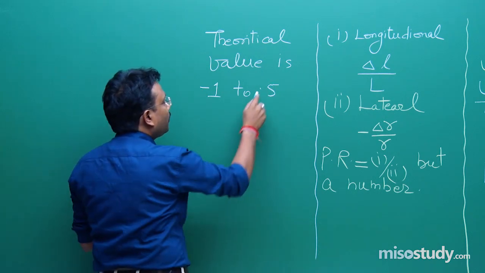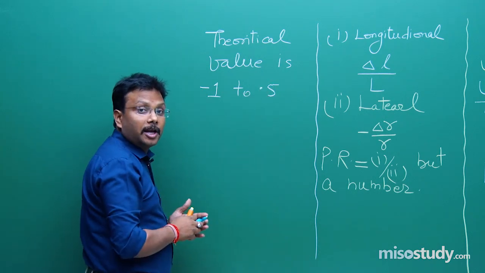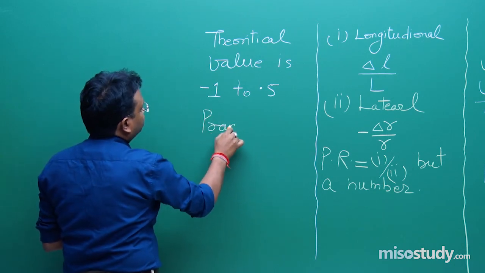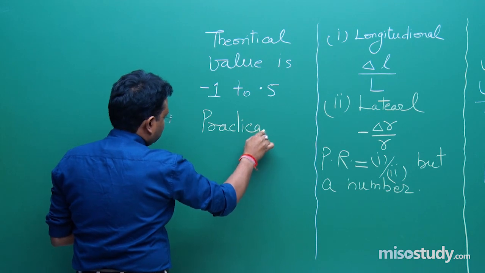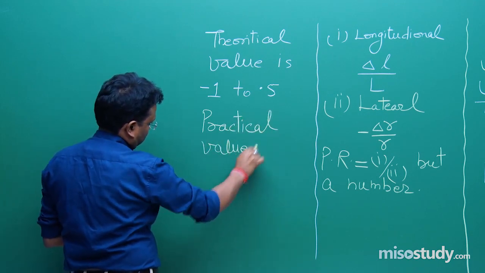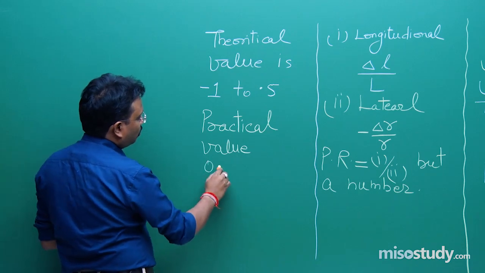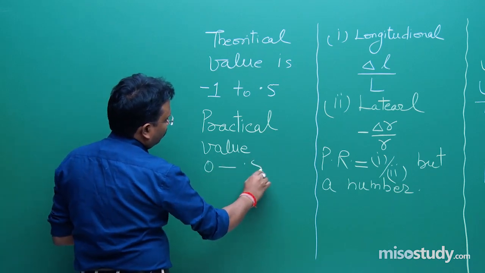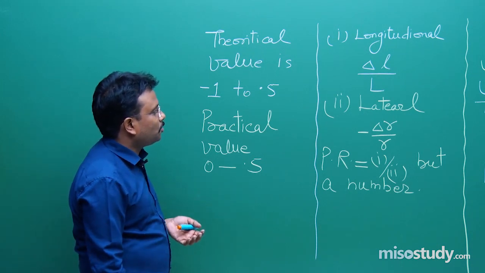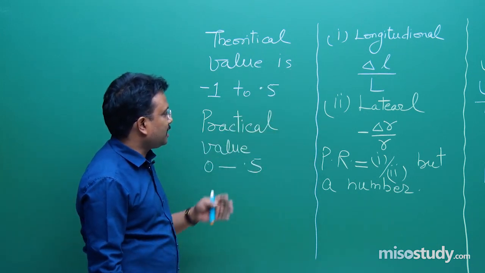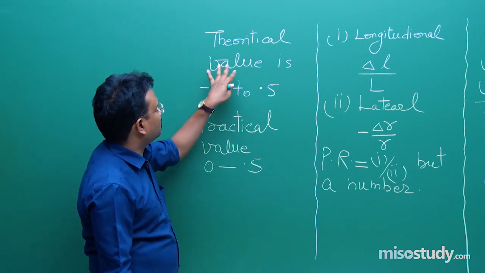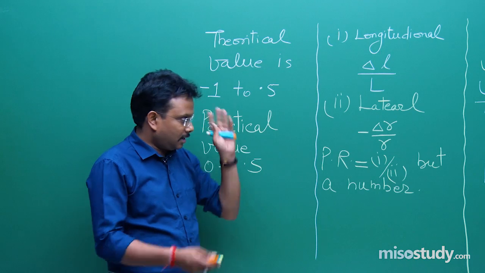This is the theoretical value of Poisson's ratio, and the practical value is 0 to 0.5. So this is the idea of Poisson's ratio, its expression and its value.